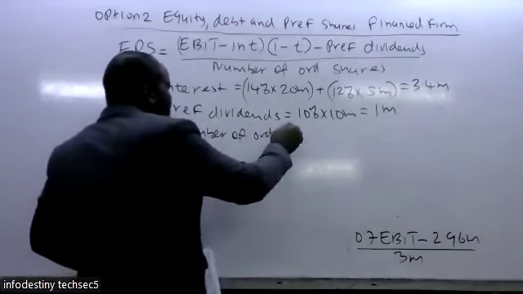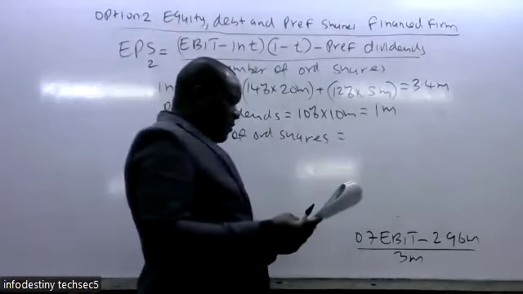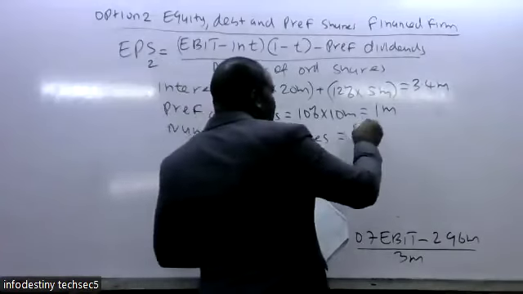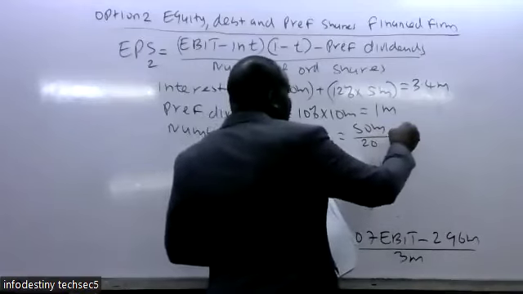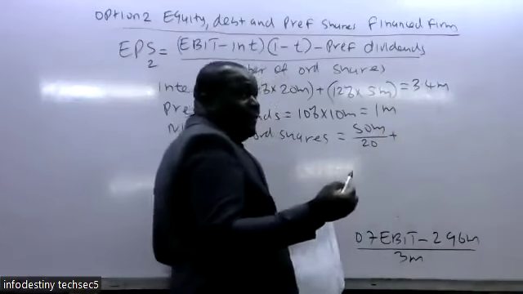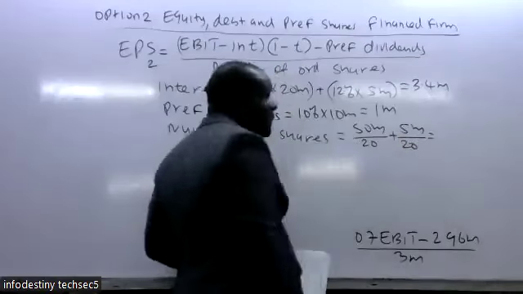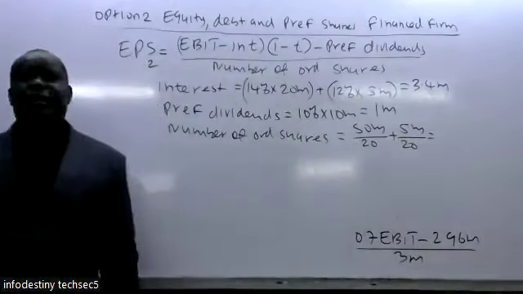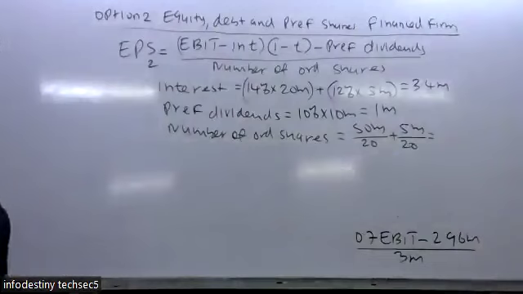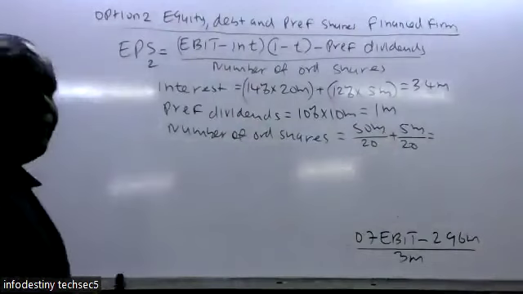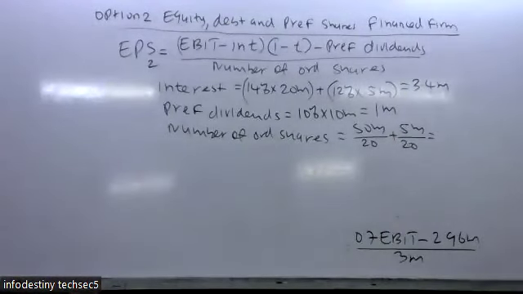Currently, you can see the ordinary shares is 50 million divided by the par value, which is how much? Then we add a half of the 10 million, but they are also being issued at par. So how many ordinary shares are we now going to have at that point? 2.75.